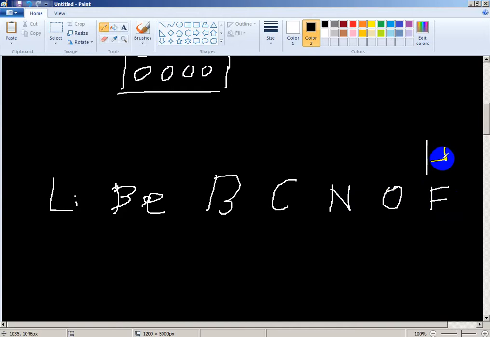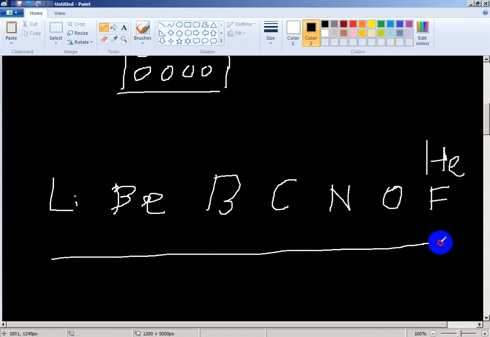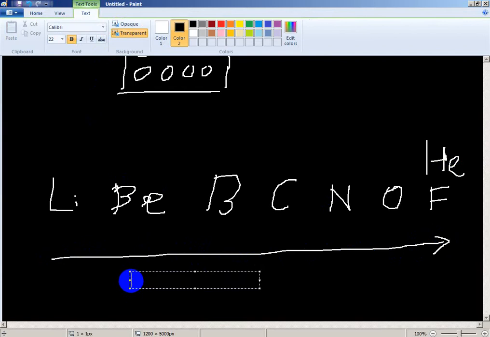Why does ionization energy increase from left to right?